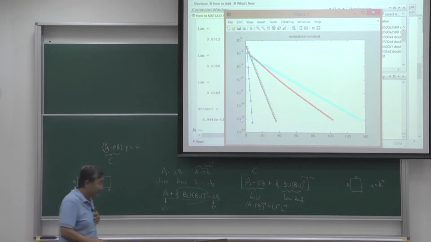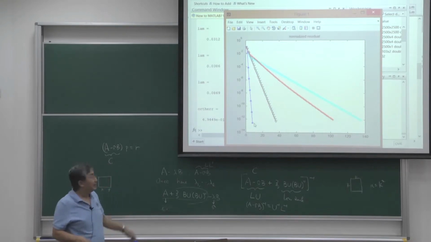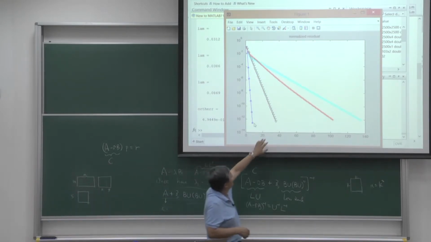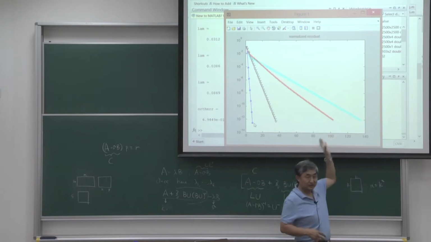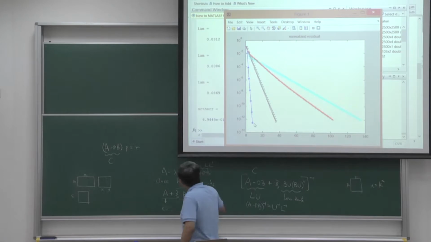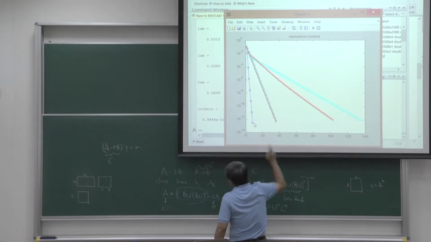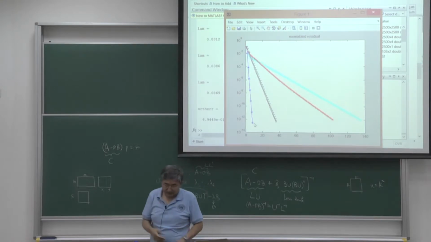That's probably the reason the first eigenvalue has a better convergence rate. You see the line is steeper. The second, third, and fourth take slightly longer. The preconditioner I picked is more effective for the first eigenvalue, and less effective for the rest.